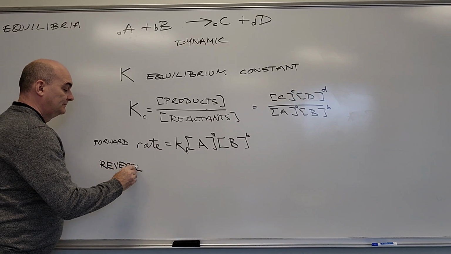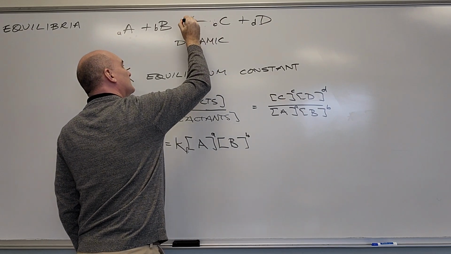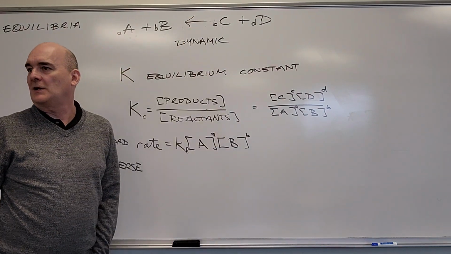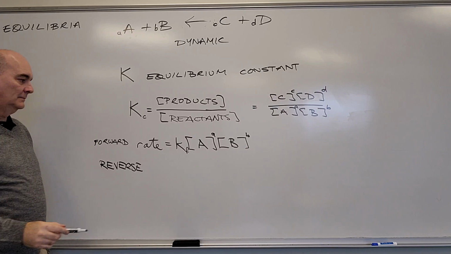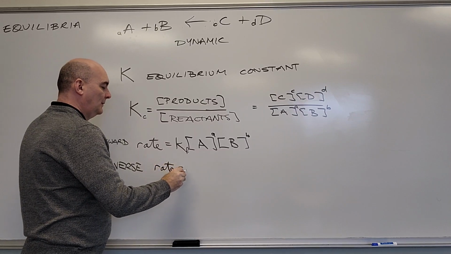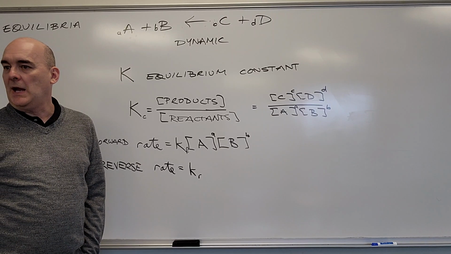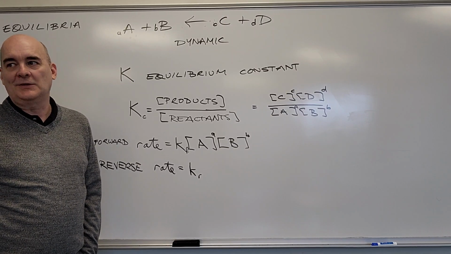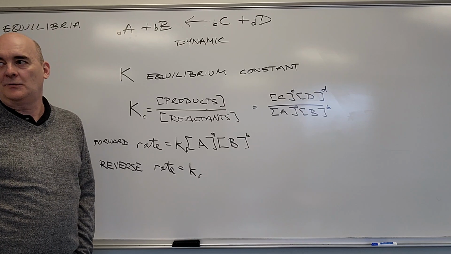What if this fraction's been written the wrong way around? The rate of reaction can only be dependent on the reactants, because it's only the reactants that are doing the reacting. The products aren't reacting.